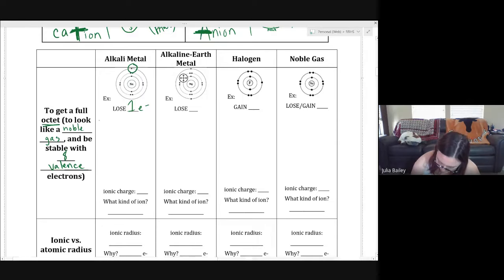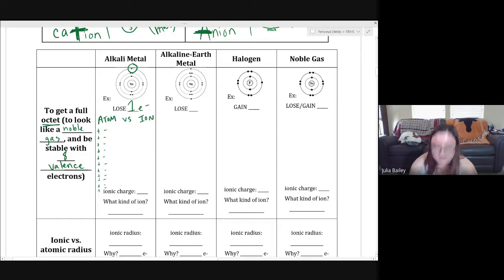So if we think about an atom of sodium, which is drawn here, versus what an ion of sodium does. An atom of sodium has 11 protons, which I know from looking at the periodic table. And an atom of sodium is neutral, so if there are 11 protons, there must also be 11 electrons. An ion of sodium still has to have 11 protons, because if the number of protons changed, then it would not be sodium anymore.